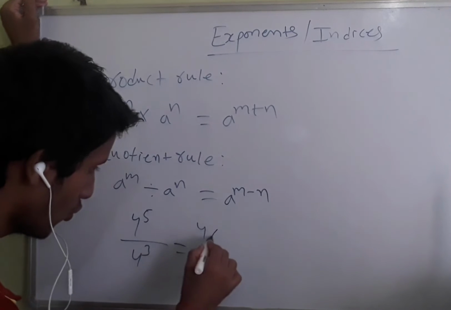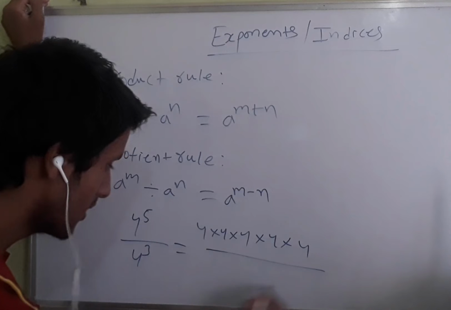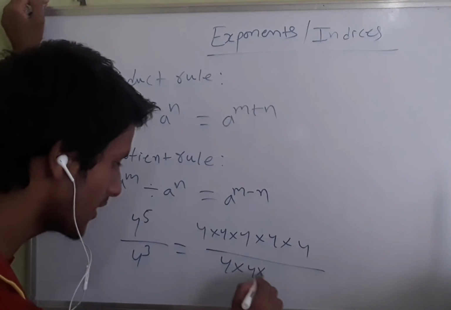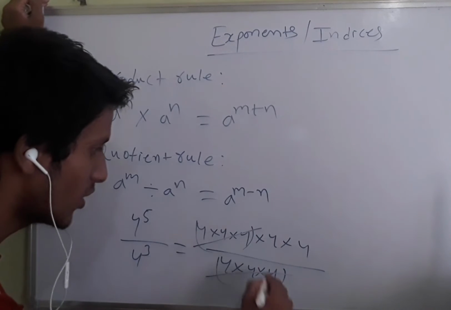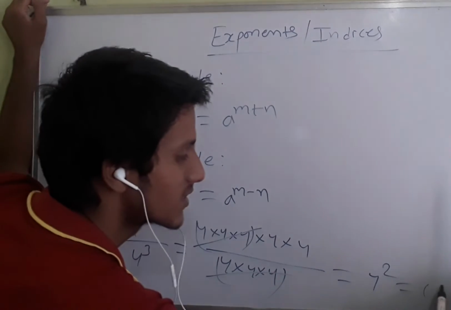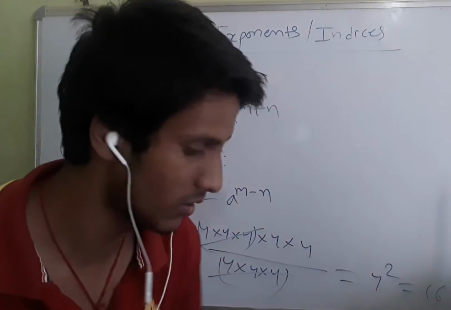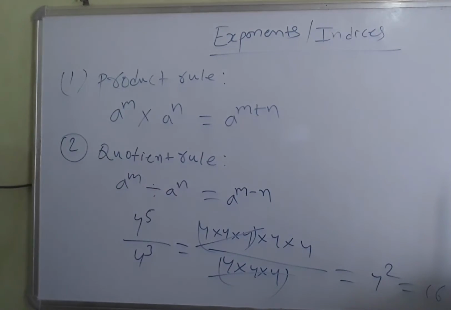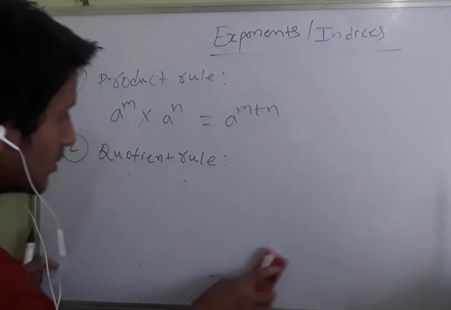It means that 4 is multiplied by itself 5 times, divided by 4 multiplied by itself 3 times. So these 4's cancel out, and we're left with 4 squared, which is 16. So that was the exponent quotient rule. I hope this is clear. Let's move on to the next rule.